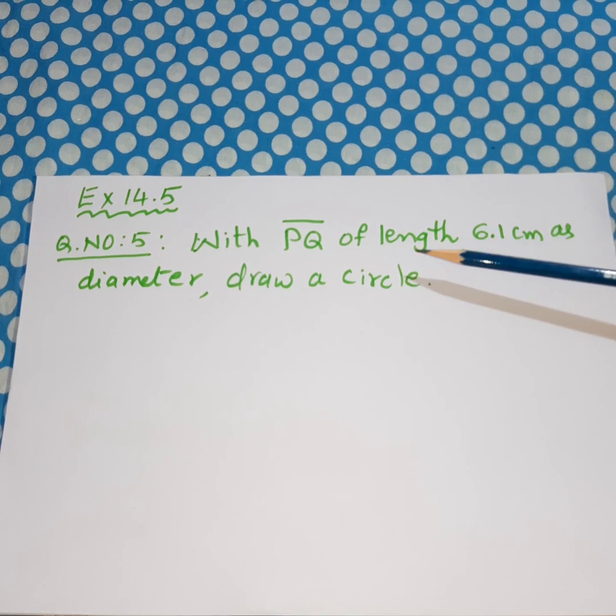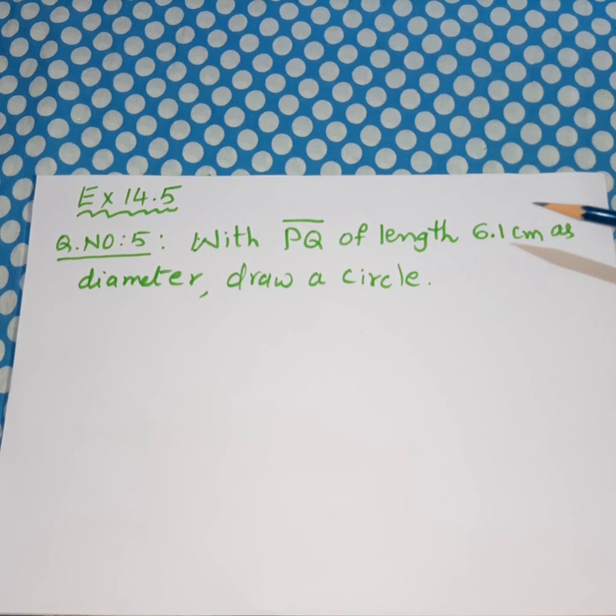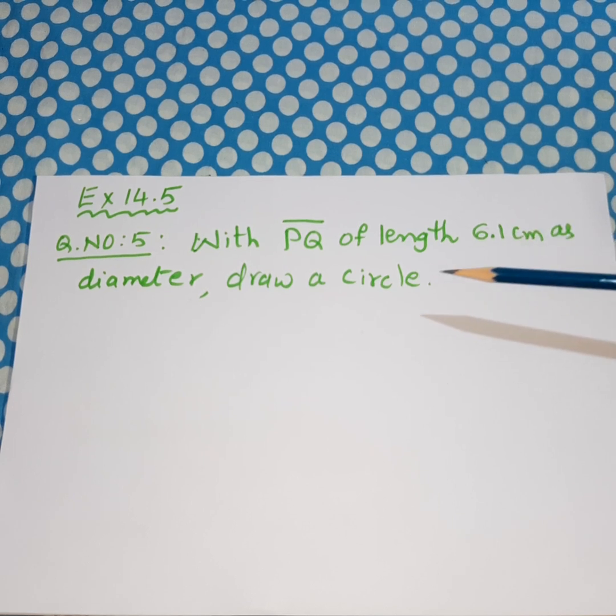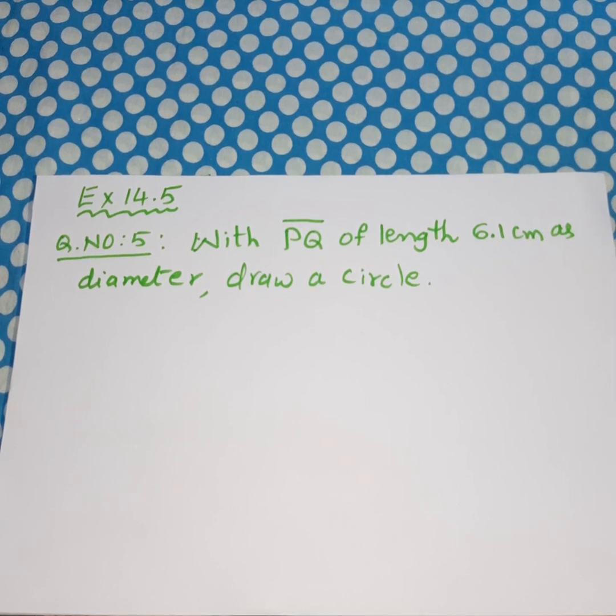See, this is the given length PQ, 6.1 centimeter. This is the diameter of the circle. We know that the radius is half of the diameter of a circle. So how do we take half of 6.1?